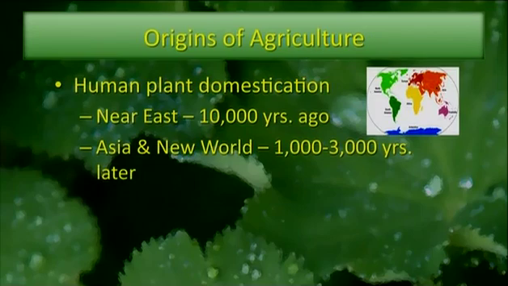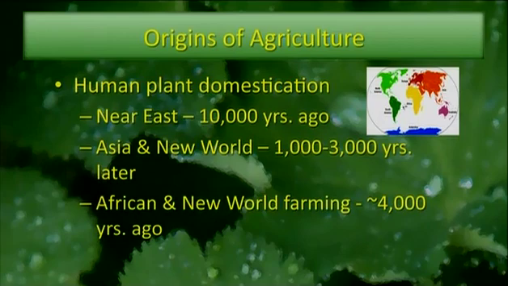In Asia, in the Yellow River and Yangtze River valleys, and in the Americas, especially Central and South America. African and New World farming came about 4,000 years ago. So our history with agriculture isn't very long, only about 10,000 years, and of course the human species has existed much longer than that, maybe 200,000 years.